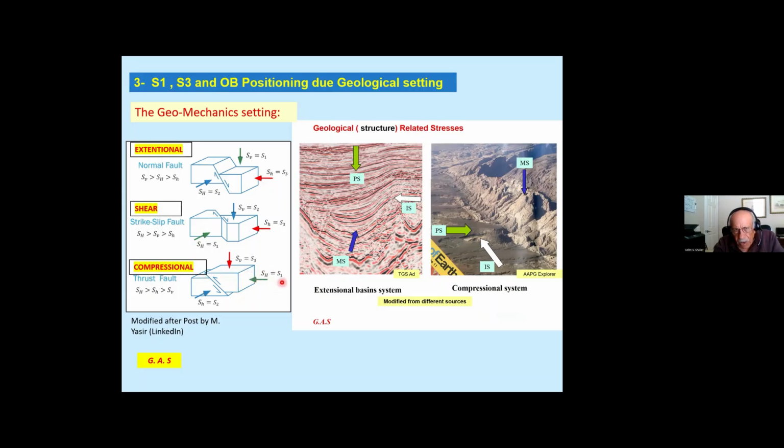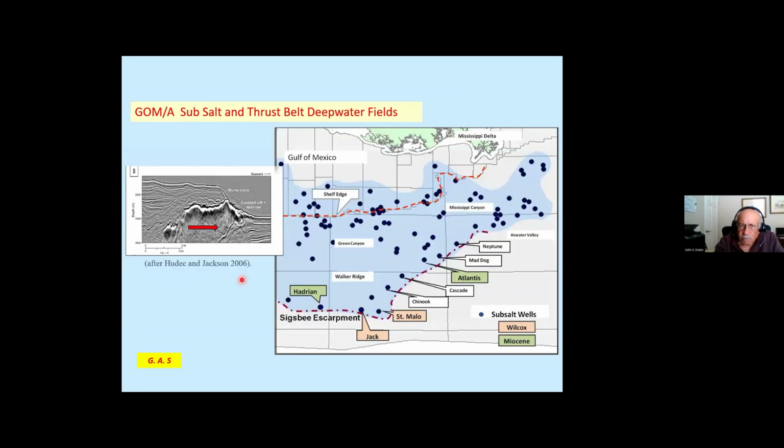You get another power or another stress from sideways that overcomes the weight of the sediments. And I did apply this. This is another paper, which I got in 2024, last year, in Interpretation, the AAPG SEG. I applied this to the thrust fault system.